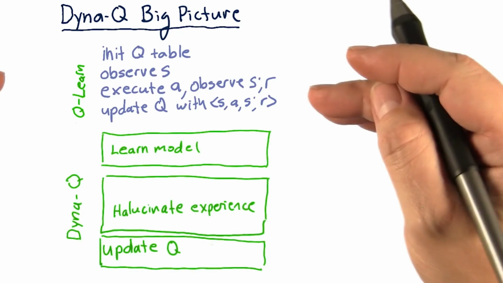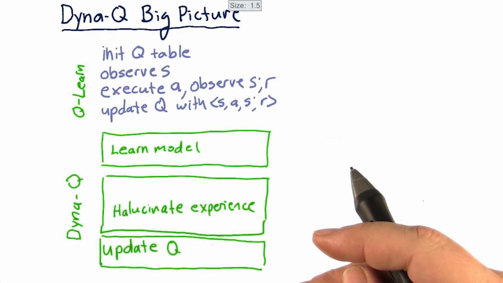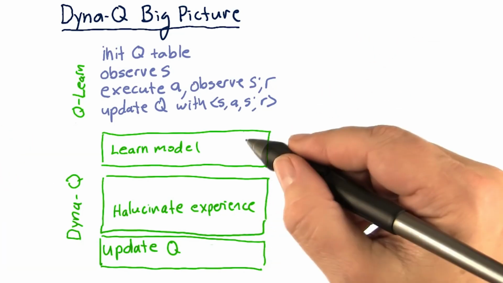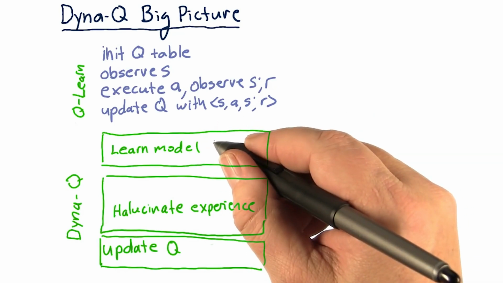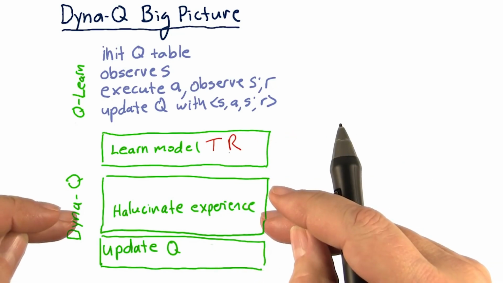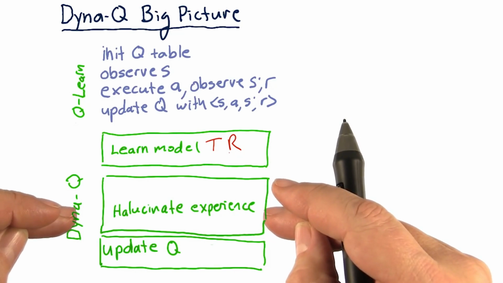When we augment Q-learning with DynaQ, we add three new components. The first is that we add some logic that enables us to learn models of T and R. Then, for lack of a better term, we hallucinate an experience.